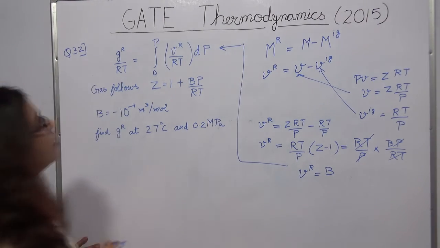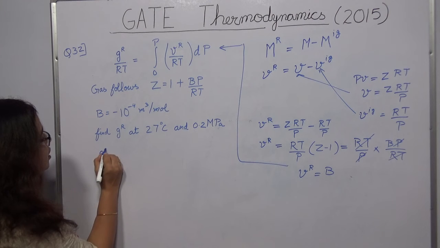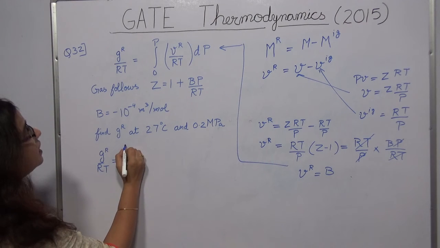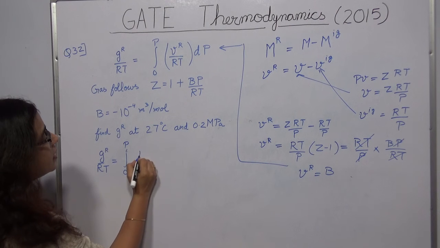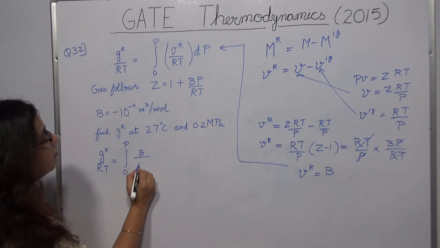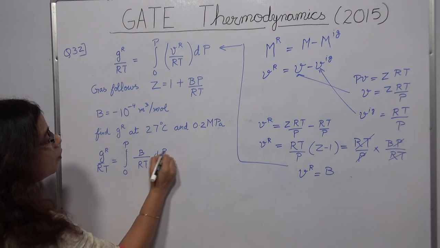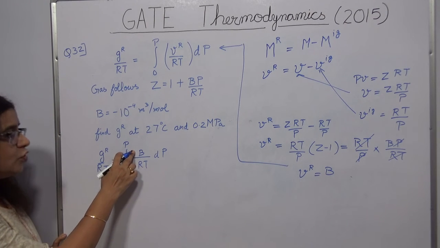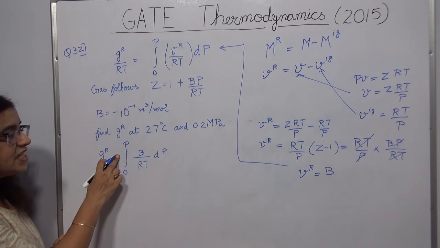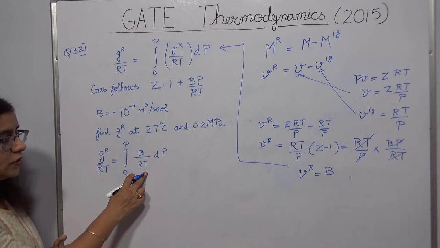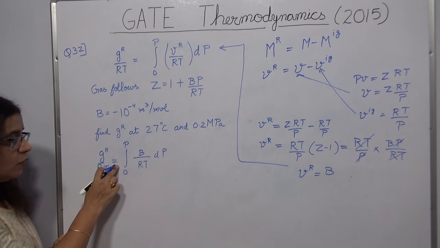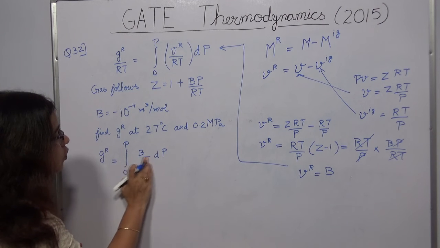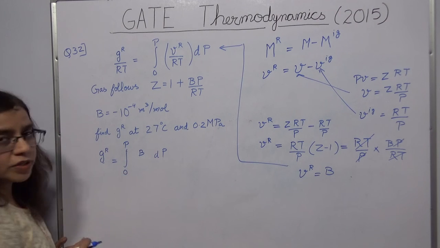Okay, so I have GR by RT, that is equal to integral 0 to P, VR is nothing but B by RT dP. What you will observe is that B is a function only of temperature, so you can take it out from the integral. RT is also independent of pressure, you will take it out. Okay, in fact RT on both sides will cancel. So what you are left with is only this equation.